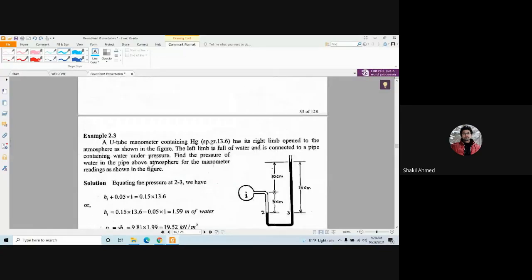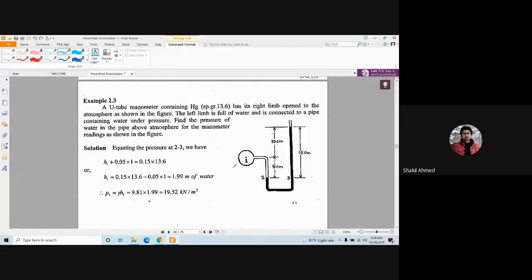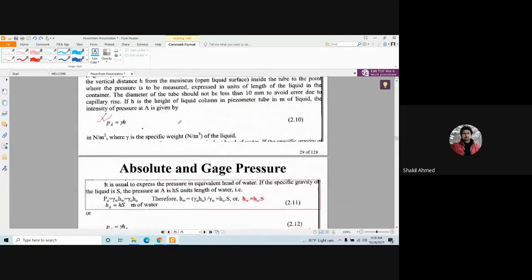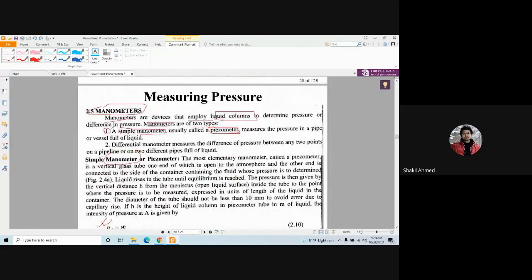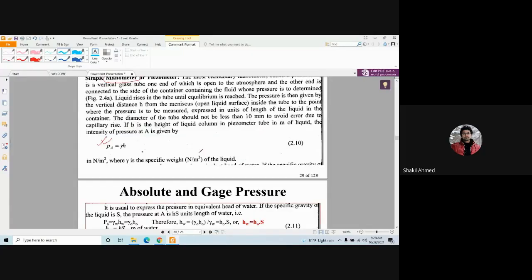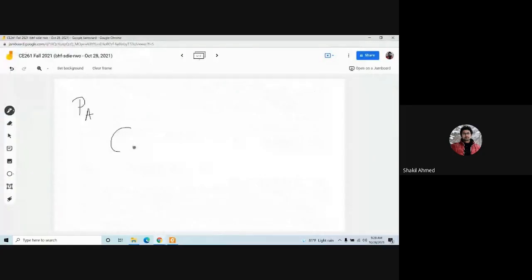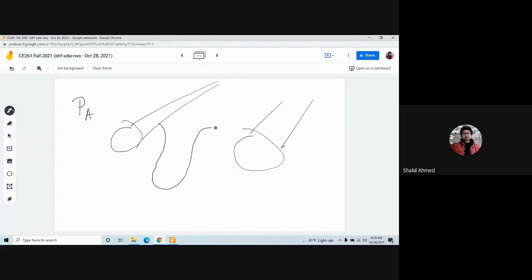Okay. Let's say this one. Before going to the problem, I just want to finish it. We were here, simple manometer, then differential manometer. What is a differential manometer? Differential manometer means, when you have two pipes and you want to know the pressure difference between the two pipes, then you use a U-tube manometer to know the pressure difference.